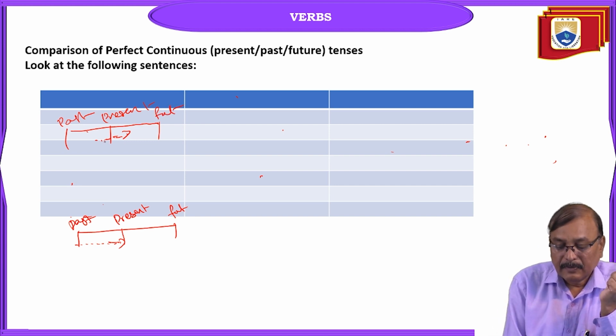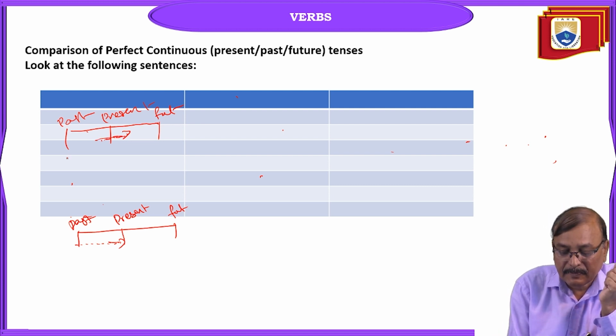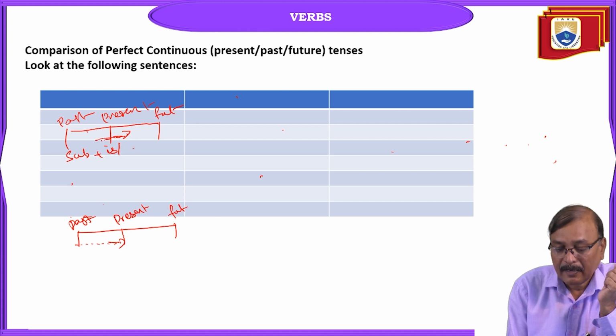You see here, for actions continuing at present, this is present continuous: subject plus is or am or are plus verb being formed.